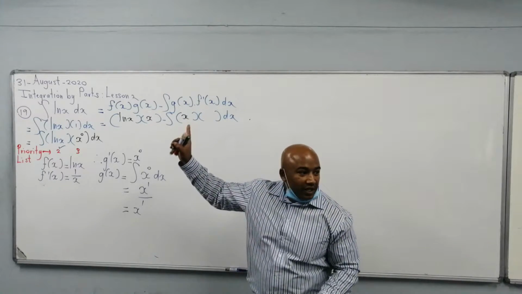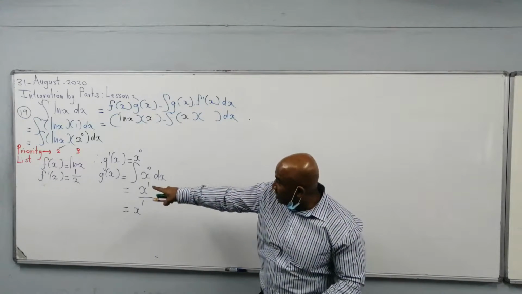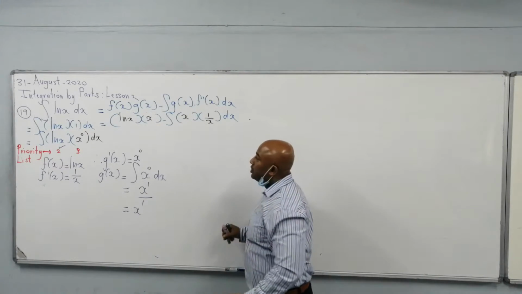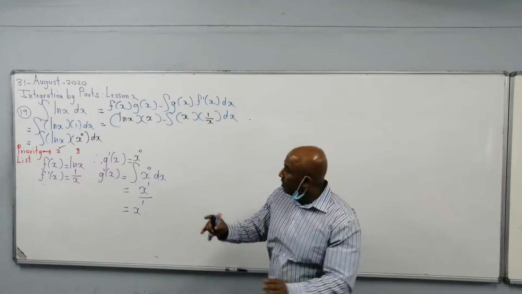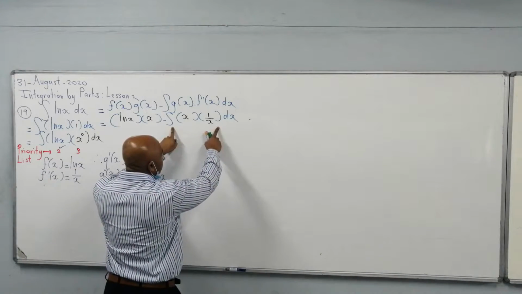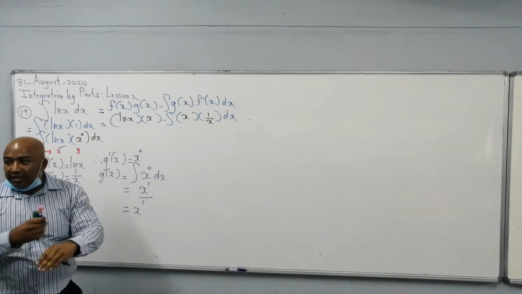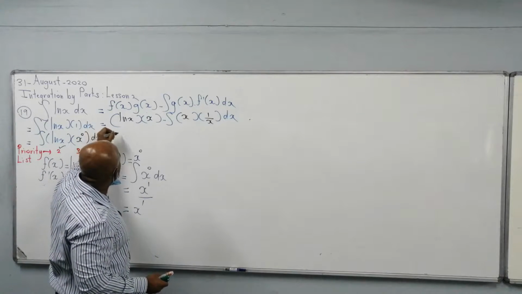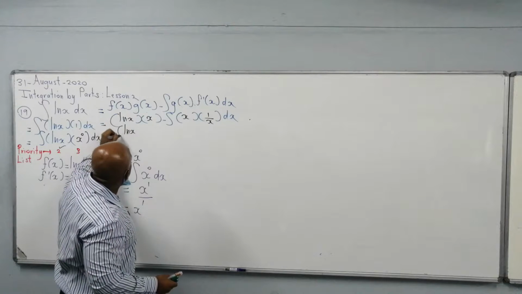And then f prime x is what we just worked out, which is 1 over x. So what do we do? After applying the formula, you focus on the part with integration, simplify it, and then check if you need to use the formula again. So here, this is going to be ln x times x.